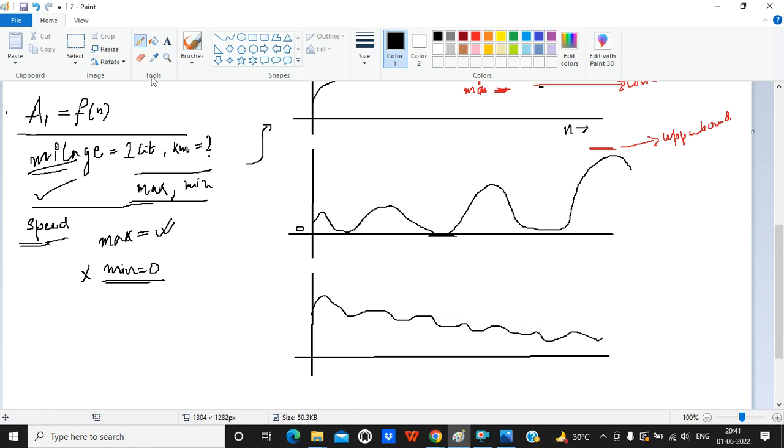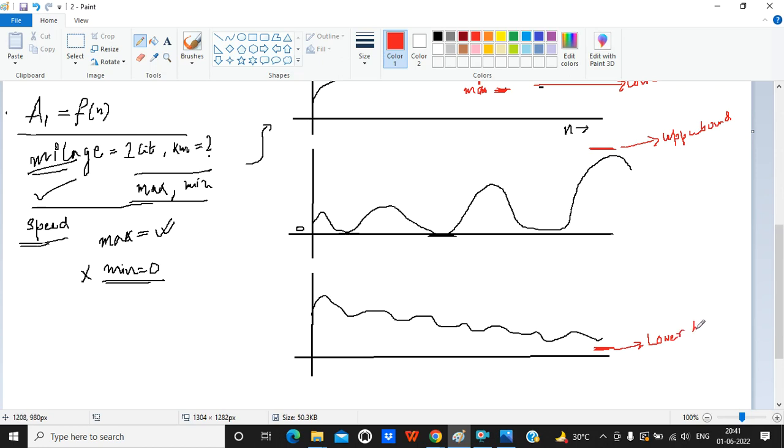We do not require the upper bound in those cases, because the upper bound will always be fixed. The graph will not go beyond that. So here you require the lower bound only. Can you give me some example of that type of thing?